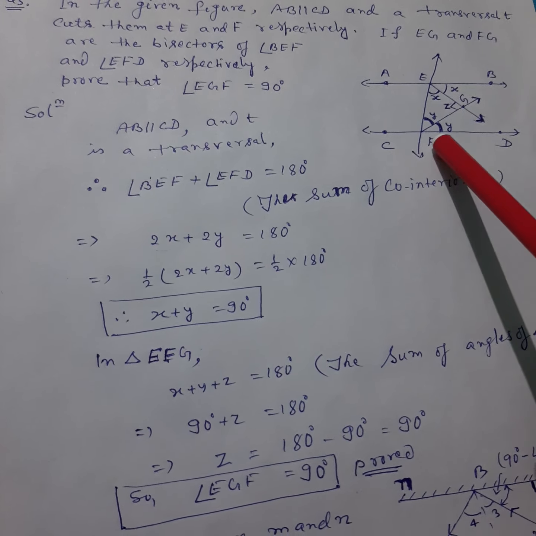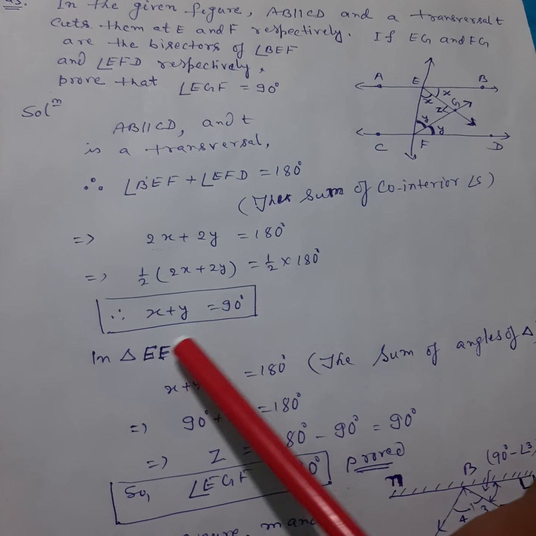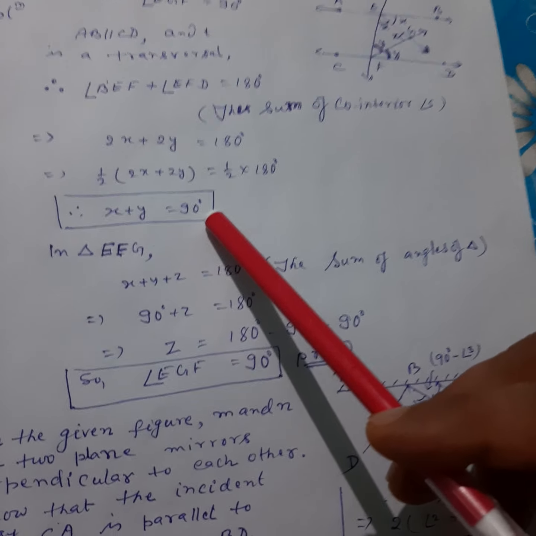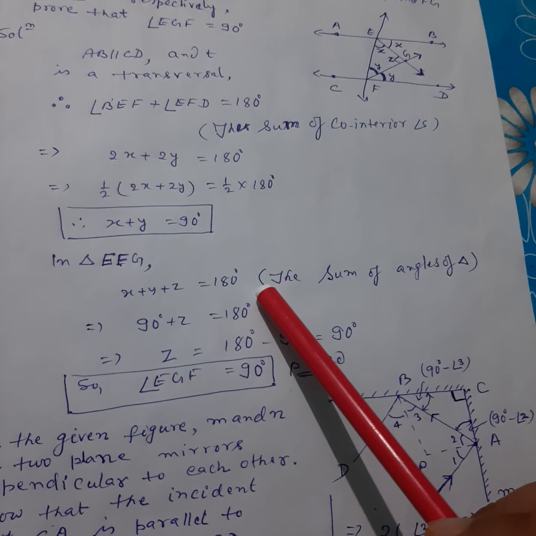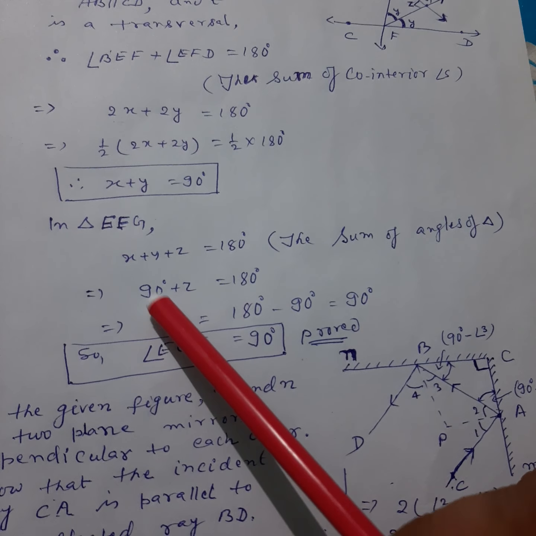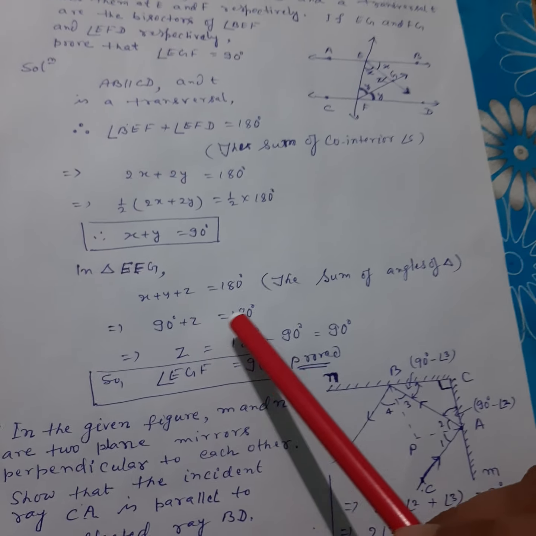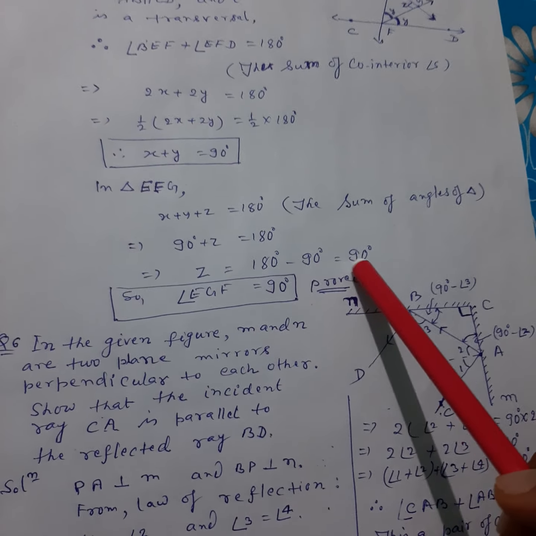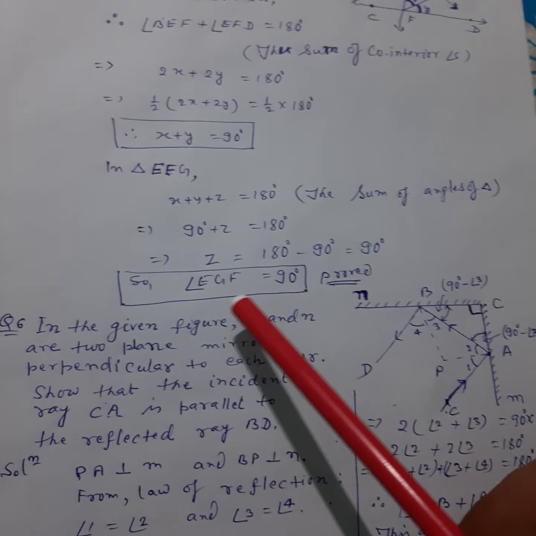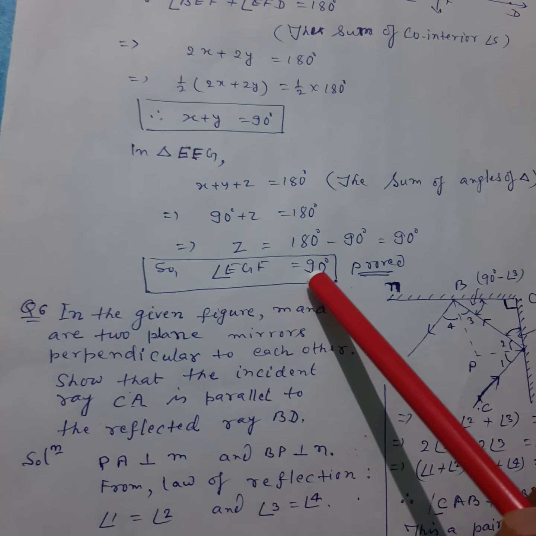This is 2x plus 2y equals 180 degrees, or we can write x plus y equals 90 degrees. Now in triangle EFG, x plus y plus z equals 180 degrees, the sum of angles of a triangle. x plus y equals 90, plus z equals 180 degrees. Therefore z equals 180 minus 90 equals 90 degrees. So angle EGF equals 90 degrees.